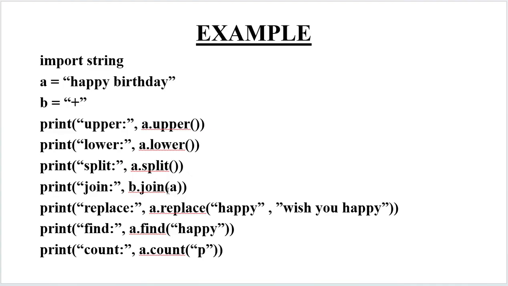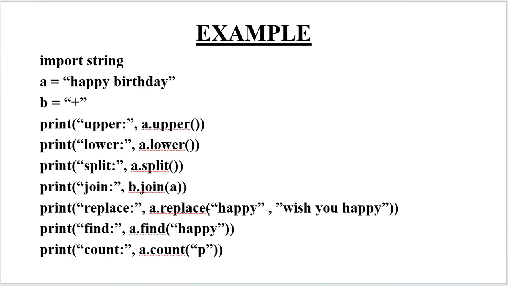Join of a: the a variable contains happy birthday, so each and every character will be joined by b dot join of a, where b's value is plus. So inside happy birthday, each and every character, even the space, will be joined using the plus operator.